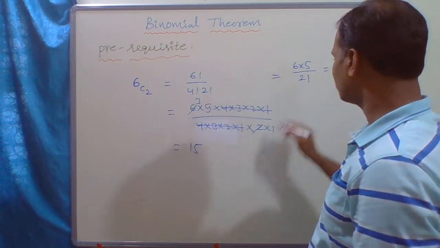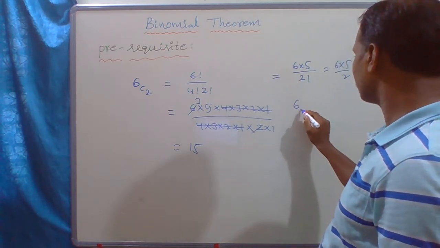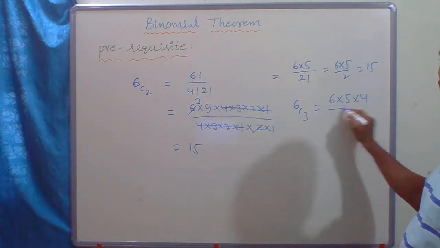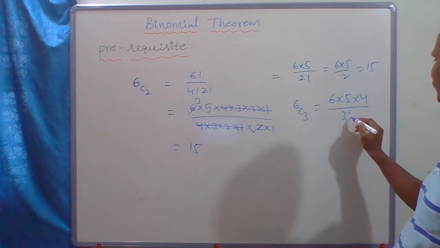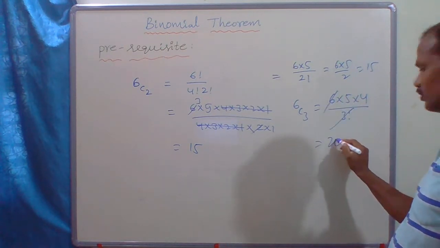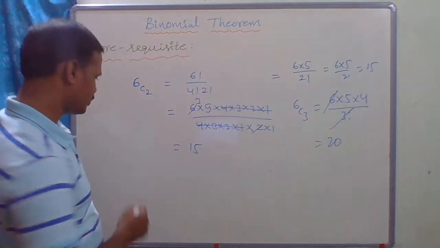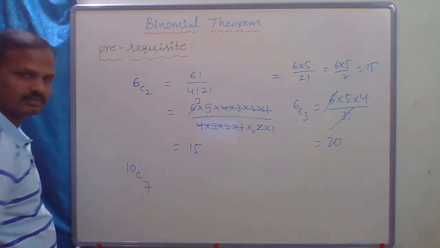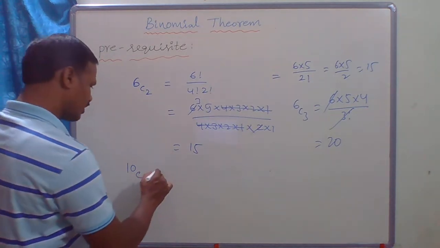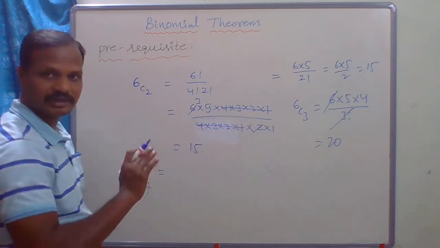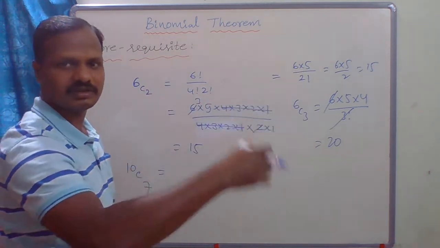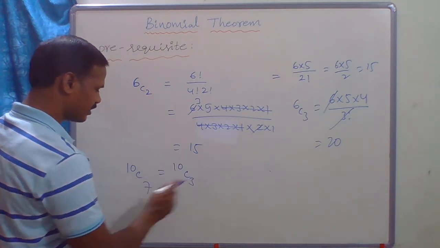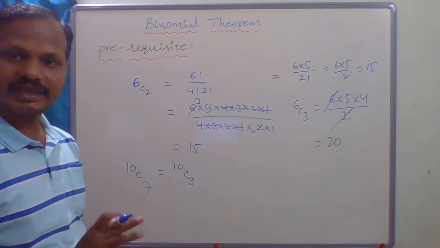Suppose they ask 6C3: 6 into 5 into 4 by 3 factorial. 3 factorial is 6, which equals 20. Suppose they asked 10C7. Then no need to write 7 terms in the numerator. 10C7 is nothing but 10C3, because NCR equal to NC n minus r.